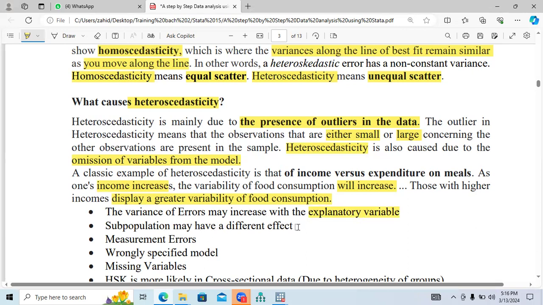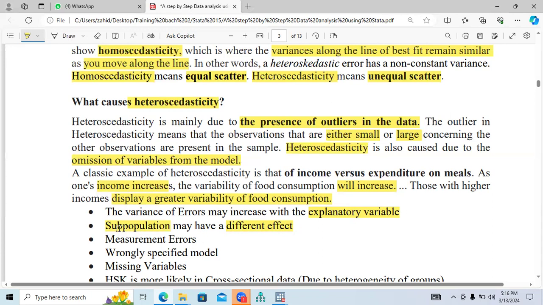Subpopulations may have different effects if your population has different categories. For example, I am doing research on listed companies of Pakistan. Listed companies of Pakistan may have different subgroups: some may be from the banking sector, some from the manufacturing sector, some from the cement sector, some from the communication sector.